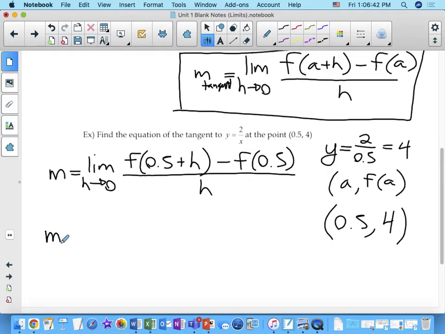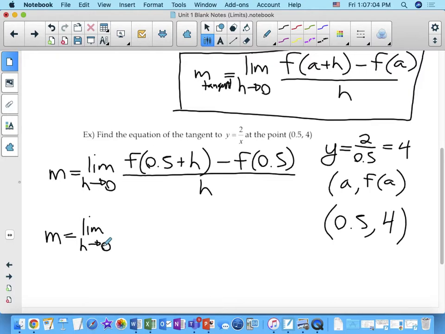Okay, so that's going to be the limit as h approaches 0. Why is f of a 0.5? Because right now we're just looking at f of 0.5, right? So I'm going to put the 4 in the next line.